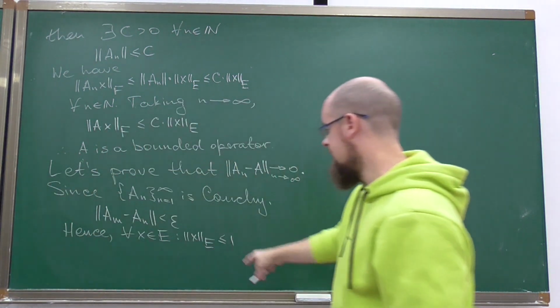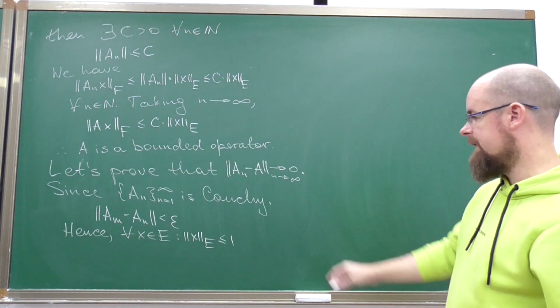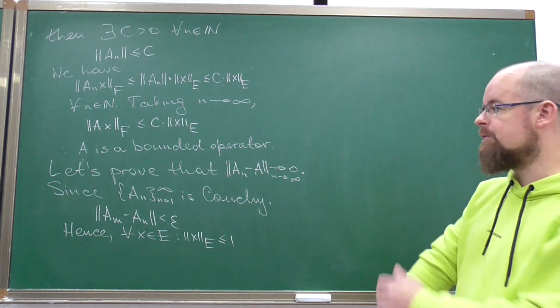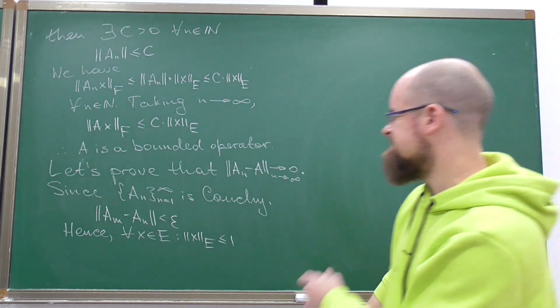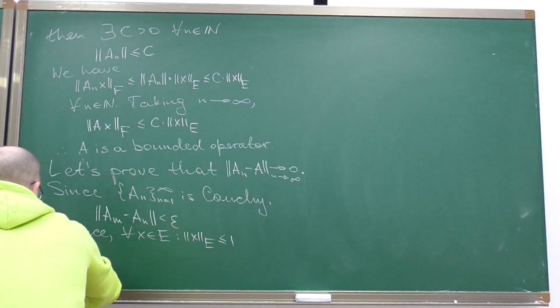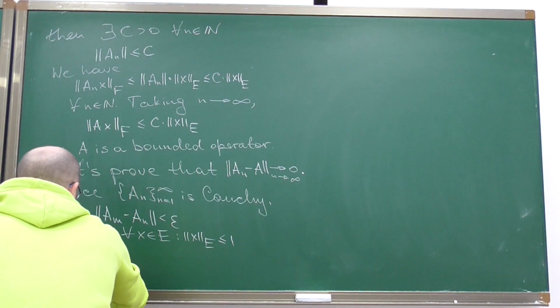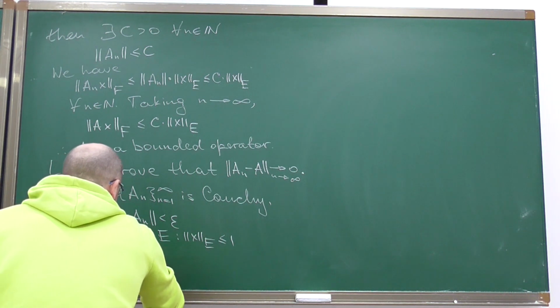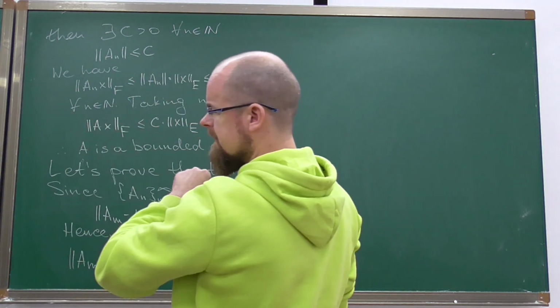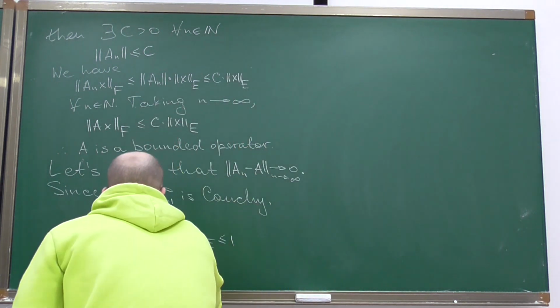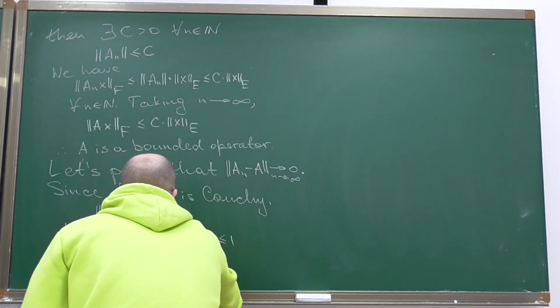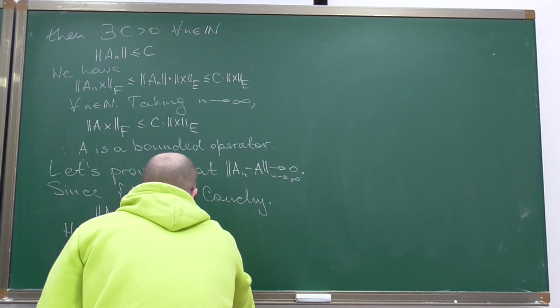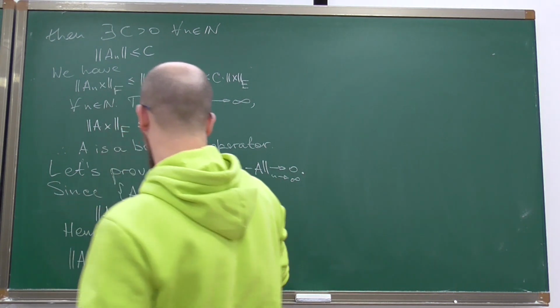So let us take an element, any element from E with norm less than or equal to 1. Then the norm of Amx minus Anx is less than or equal to, by this inequality, epsilon times the norm of x, which is less than epsilon.